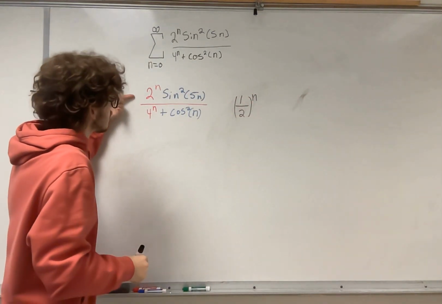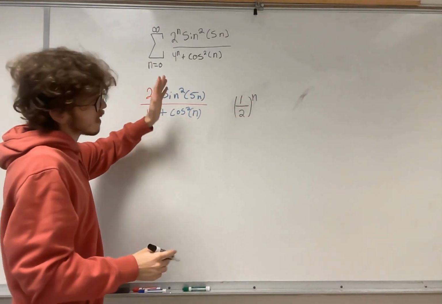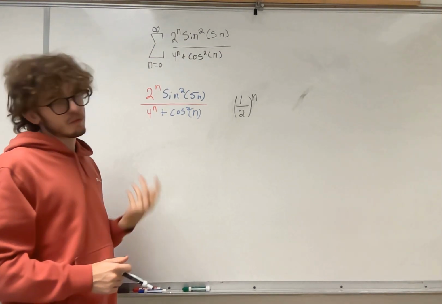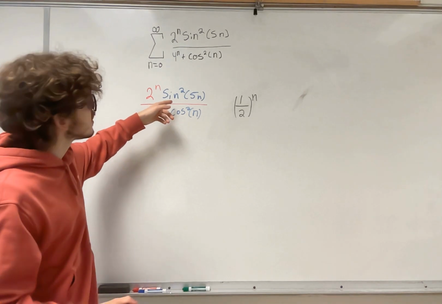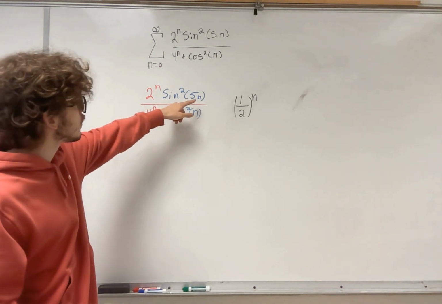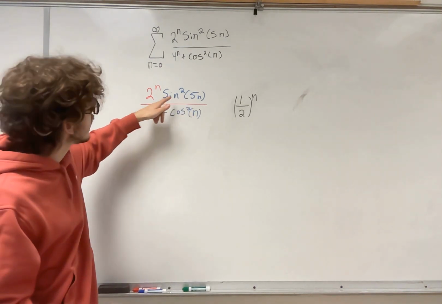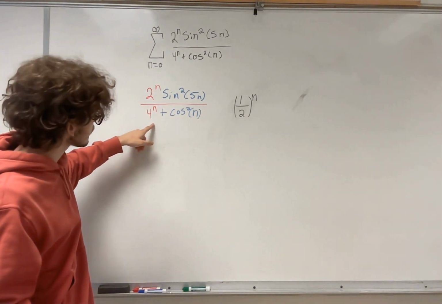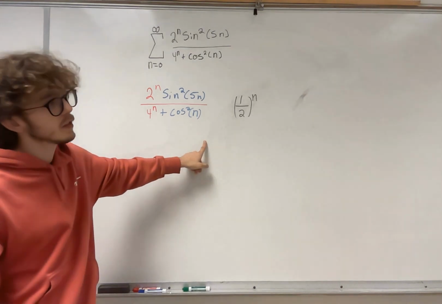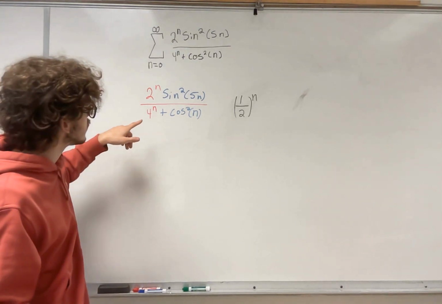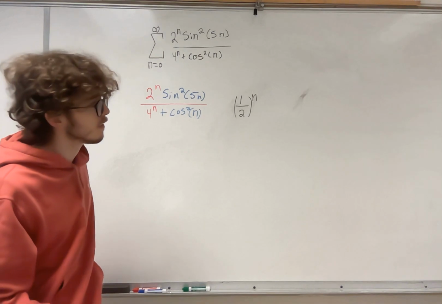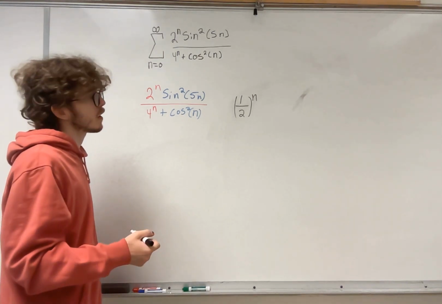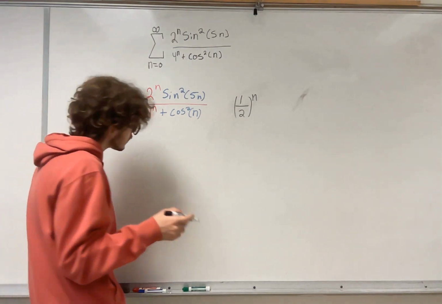We're not really pulling it out, we're just kind of ignoring these. The reason I'm doing this is sine squared is always going to be a constant value, 0 through 1, and it's going to multiply this term by something, whereas the cosine squared term is going to add a constant value to our denominator. So we do need to do a little bit of a comparison between both the numerator and the denominator.